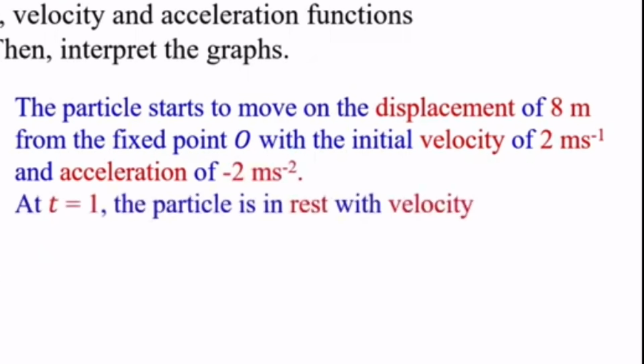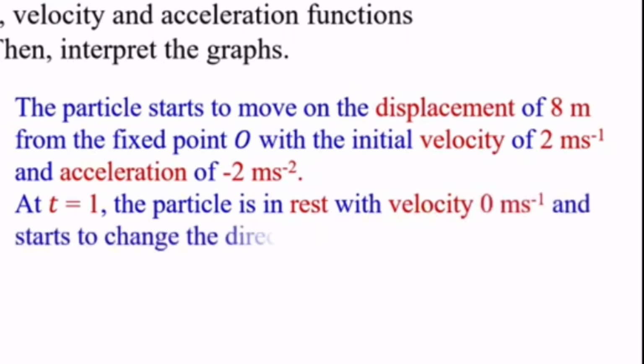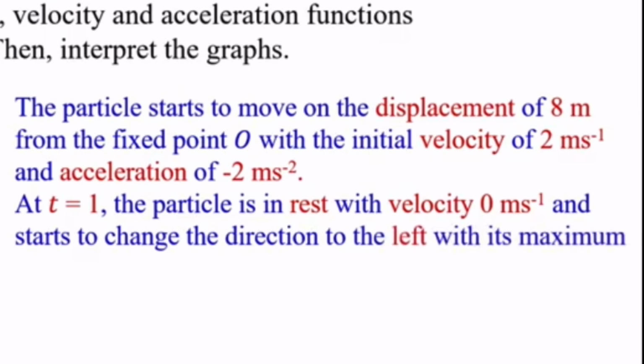At the time t equal to 1, the particle is actually at rest with the velocity 0 meter per second and starts to change the direction to the left with its maximum displacement of 9 meter and acceleration of negative 2 meter per second squared.